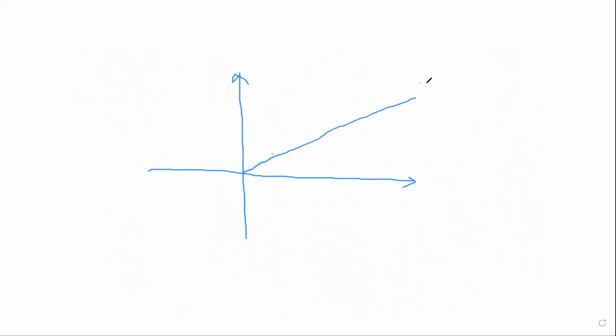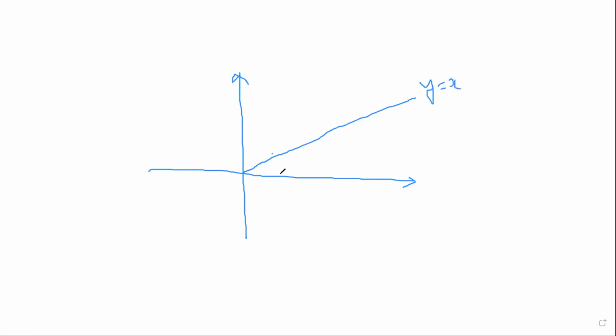If we have an orthonormal system and the line y equals x, this is the line y equals x.